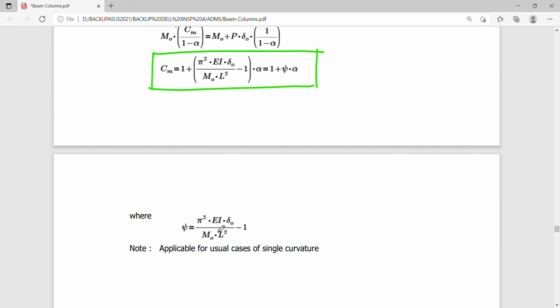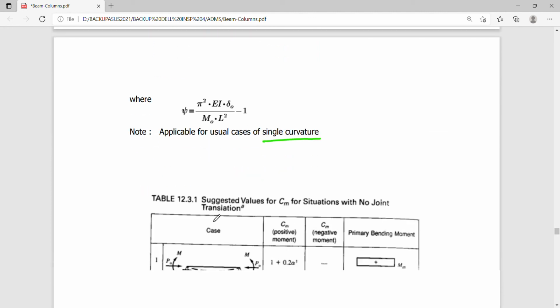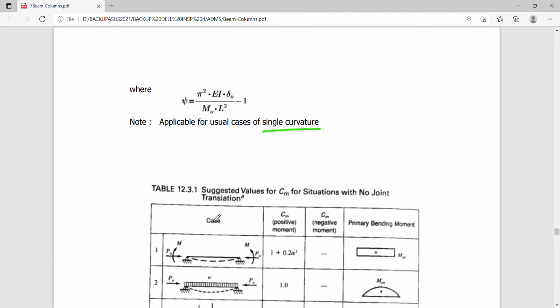Note that this is applicable for usual cases of single curvature only. Take note, when you use this for double curvature, some values may be unreliable.